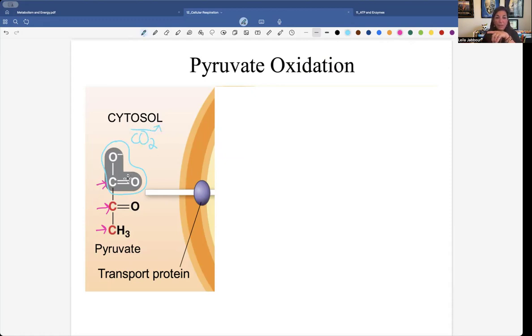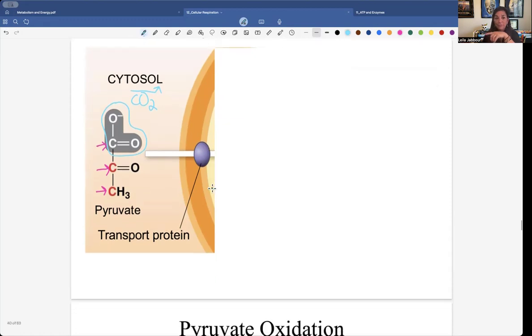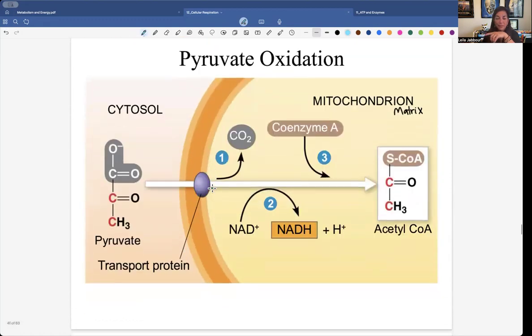So pyruvate first has to go in. Here we go. It goes in, and in the process of going in, it loses that CO2. Okay? And you're left with a small 2-carbon molecule.